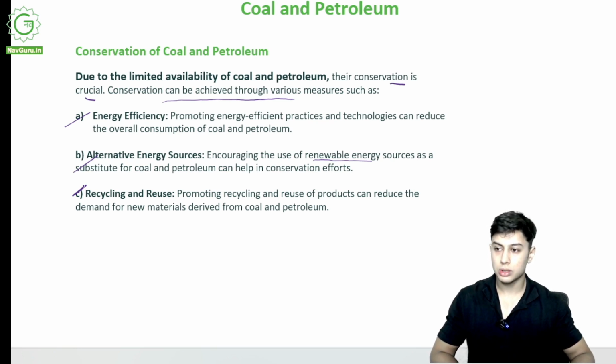Paraffin wax is used to make a lot of things, like candles. If I have used that wax once and it has melted, I can use it again and make more candles out of it. That is recycling and reusing. So conservation of coal and petroleum is also important because it is limited in nature. That will be all.